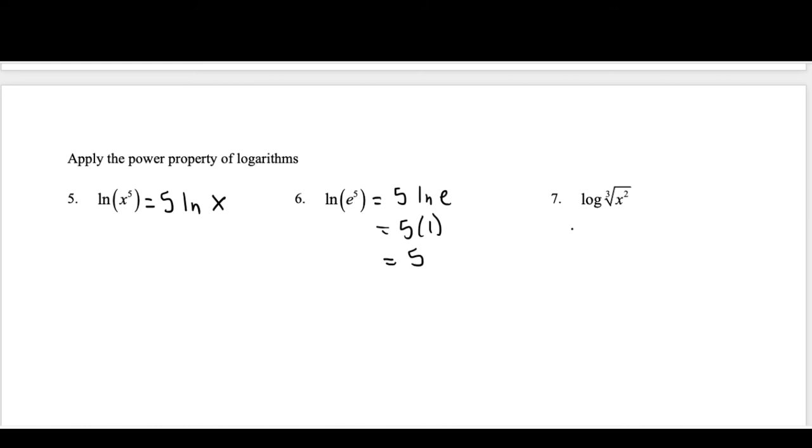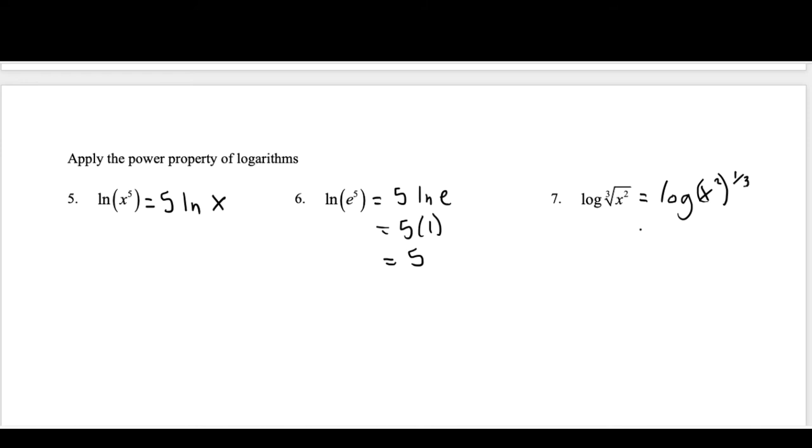This one, the logarithm of the cube root of x squared, instead of using the root terminology, I can write it in exponential form. Cube root is the same thing as raised to the power of 1/3, so we have x squared raised to the power of 1/3.